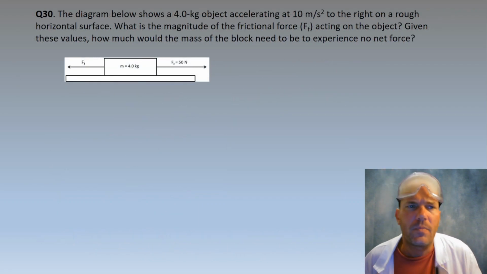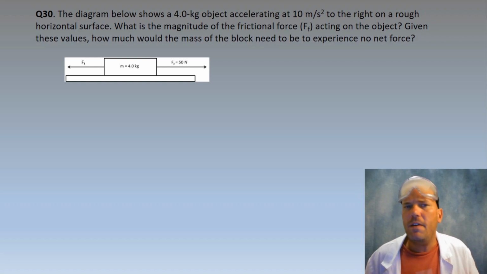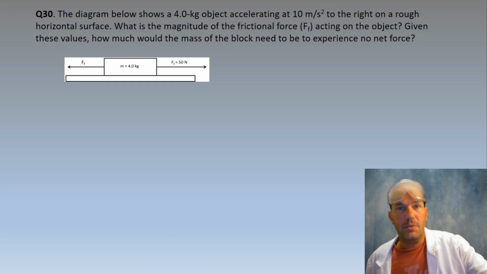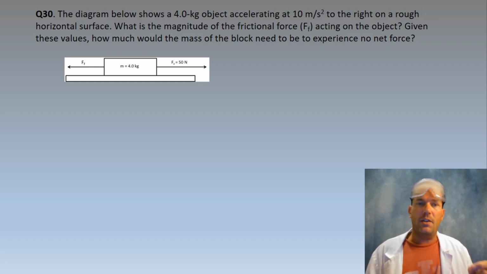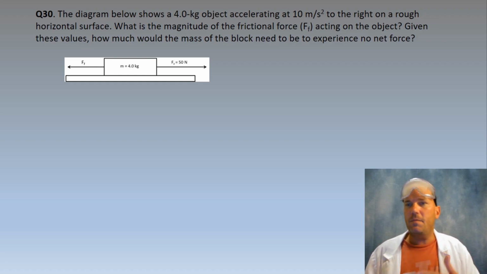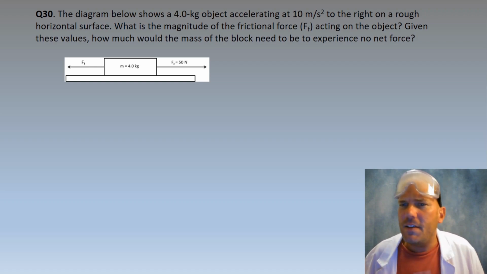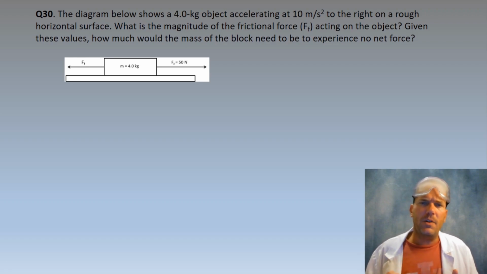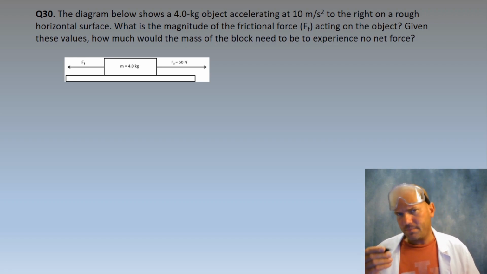Question 30. In the diagram below, we have a 4 kilogram object, and it's accelerating at 10 meters per second squared to the right. And we see indeed a force applied of 50 newtons acting to the right. The magnitude of the frictional force is what we're trying to find here, and we're also trying to find the mass of the block.